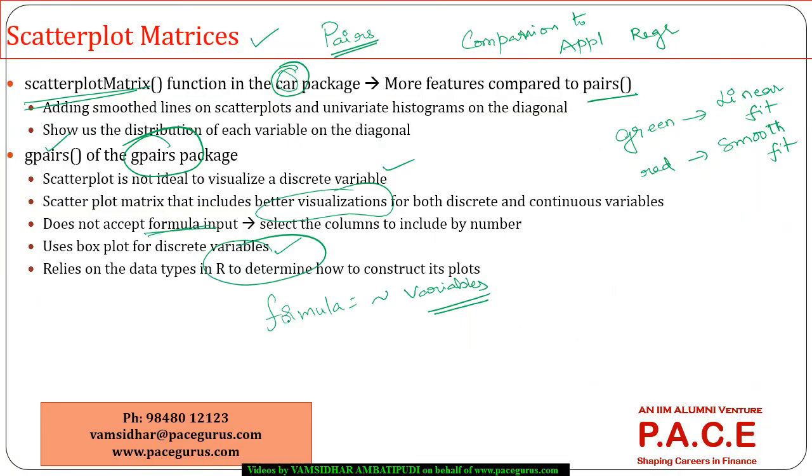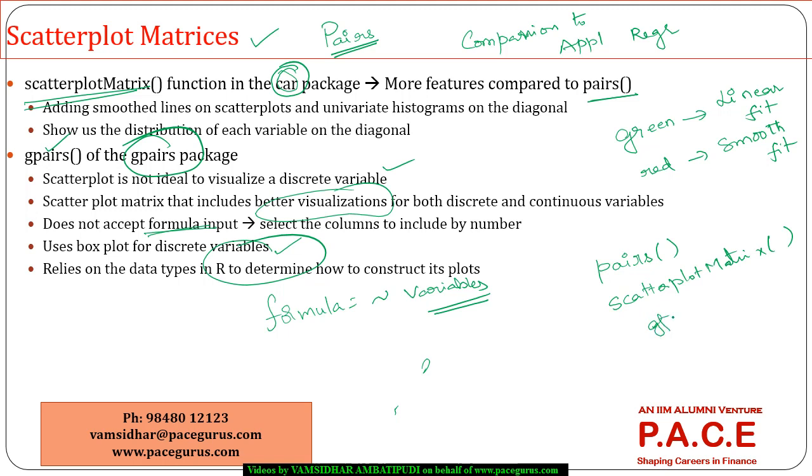So primarily, the key functions that we have used: if I want to visualize the various relationships between the various pairs of data, I can use the pairs function from the base R. I can use the scatterplotMatrix function from the car package, especially if my data is numerical or integer or numeric, then probably this function is very good.